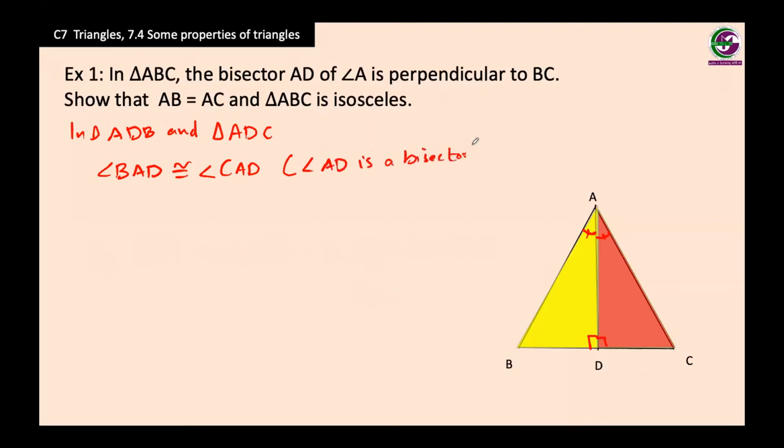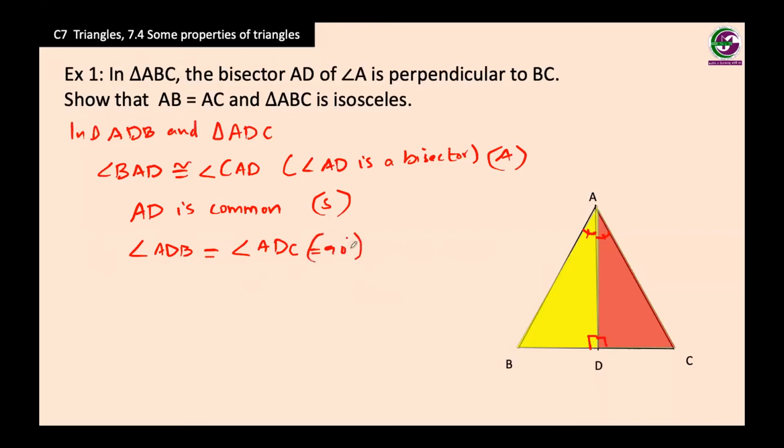Now we have AD is common. AD is a side for the yellow triangle and for the brown triangle. So we have an angle, a side, and we have both of them are 90 degrees. So angle ADB is equal to angle ADC is equal to 90 degrees because they are perpendicular.